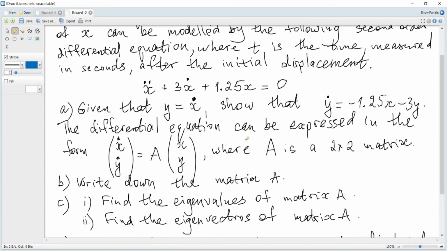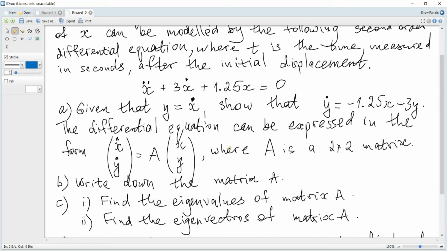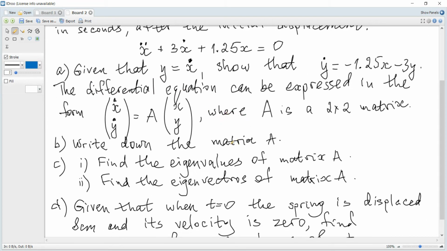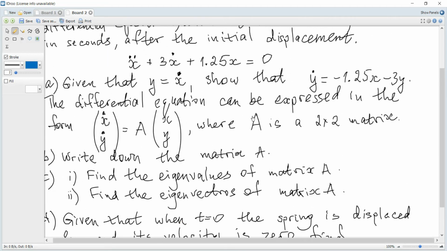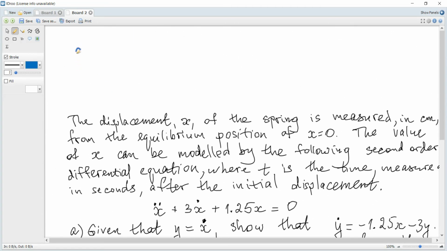So how to do that? Here it is given, but in general you should use the following substitution to denote the first derivative, which can be any letter. For example, let it be y. So when y is the derivative of x with time, when dx over dt is y, then the second derivative d squared x over dt squared is dy over dt.